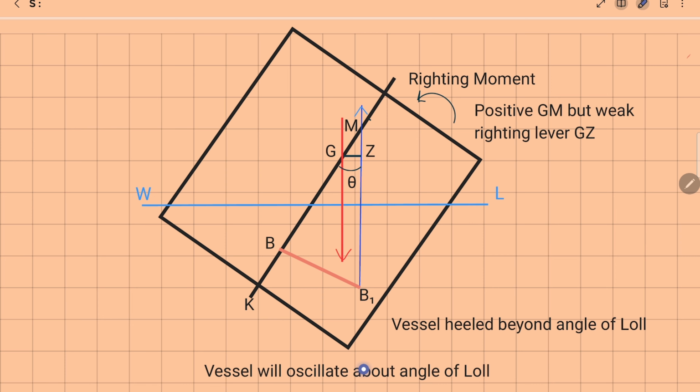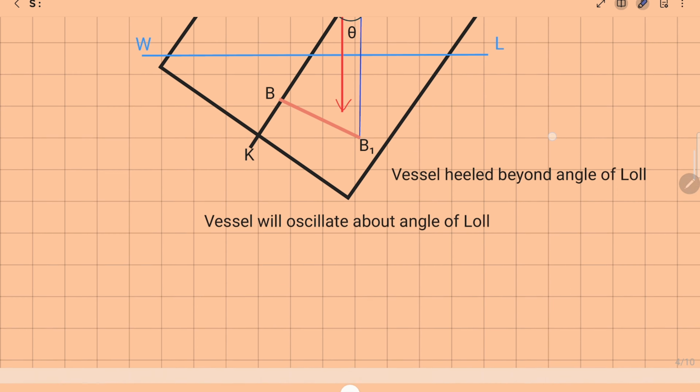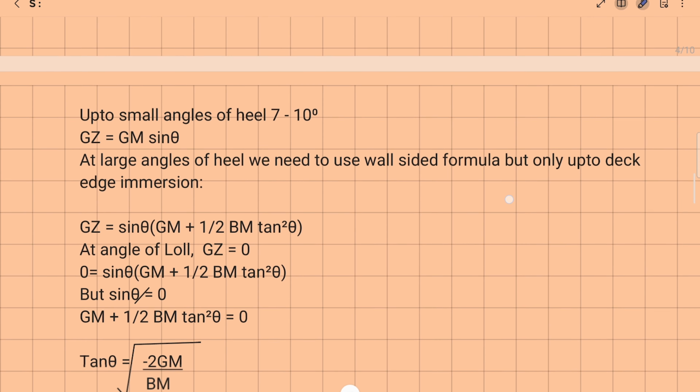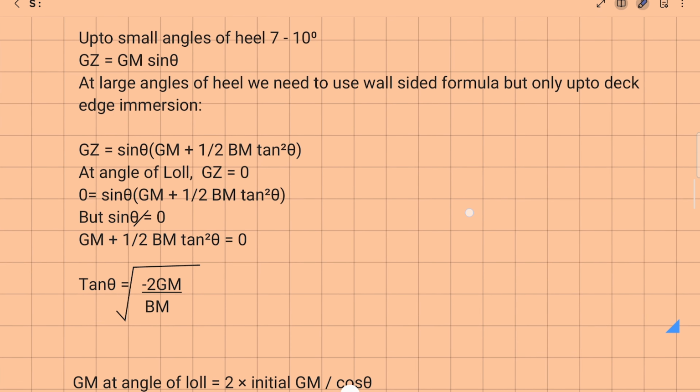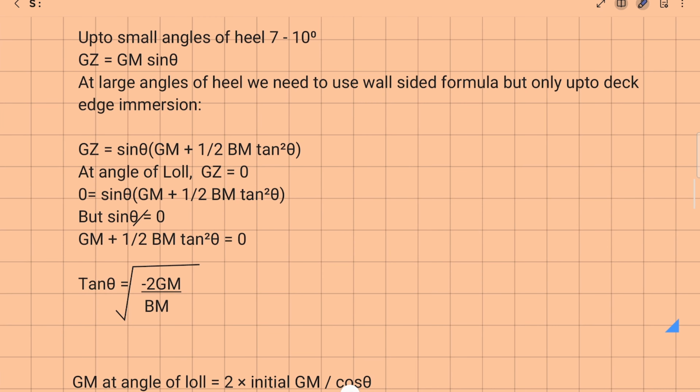So this vessel will oscillate about the angle of Loll. In this condition, there is a positive GM, but it's very small, and the righting lever GZ is also small. We will study the GZ curve later on, and first we see how to calculate this angle of Loll.